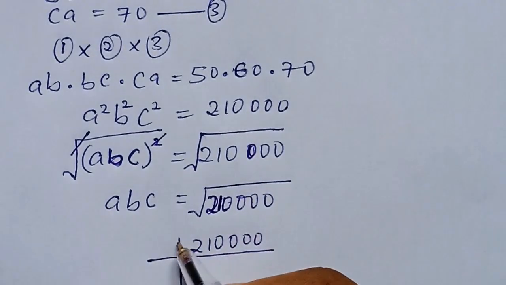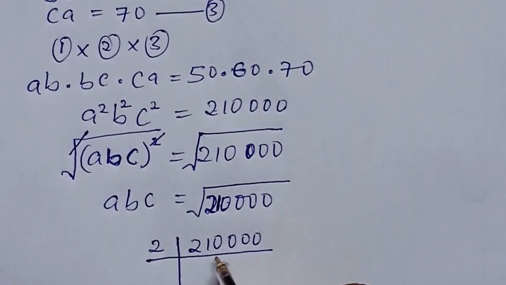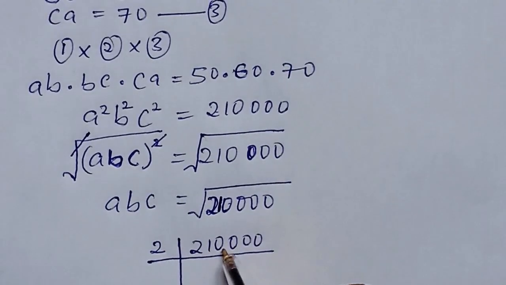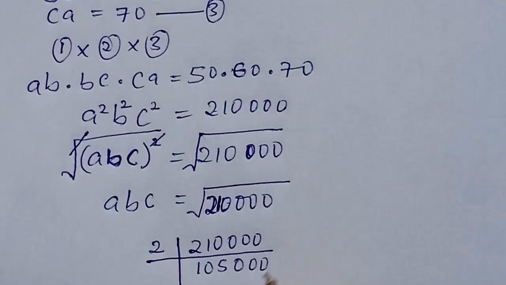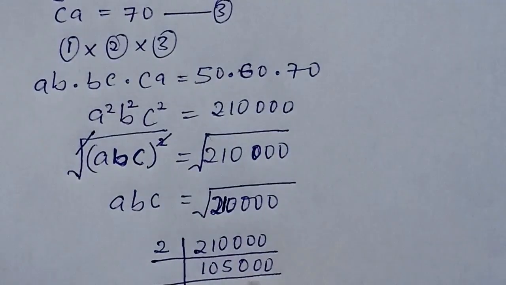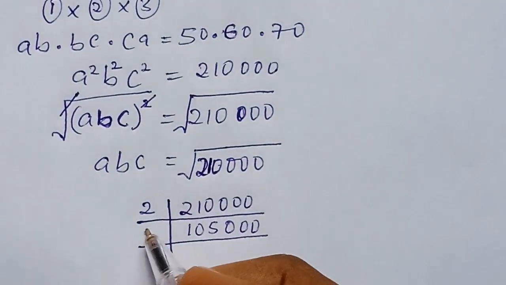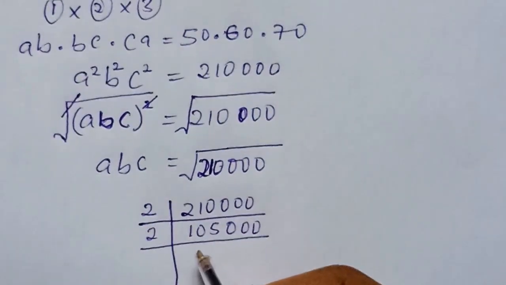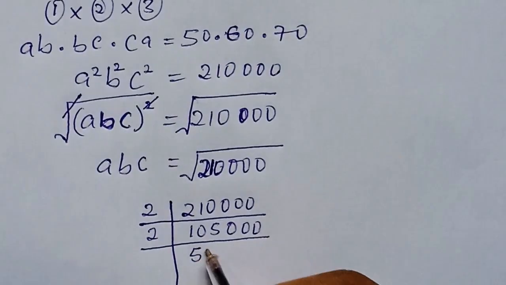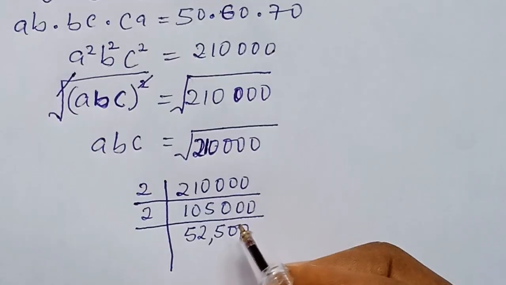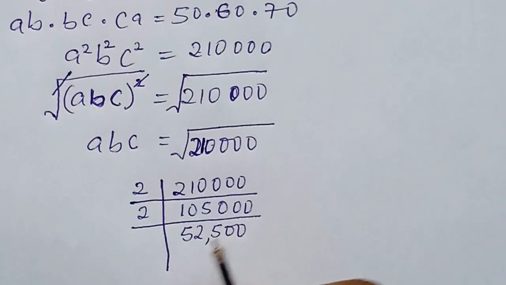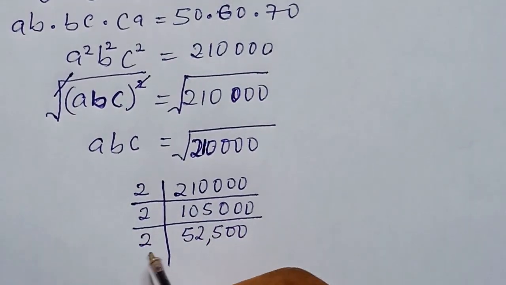So I'll first consider 2. I'll divide it by 2. If I divide it by 2, I'm going to get 105,000. If I go ahead again and divide it by 2, I will have 52,500. Then I'll go ahead and divide again by 2.